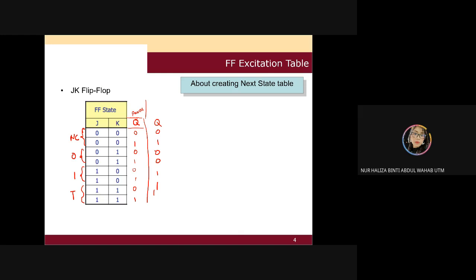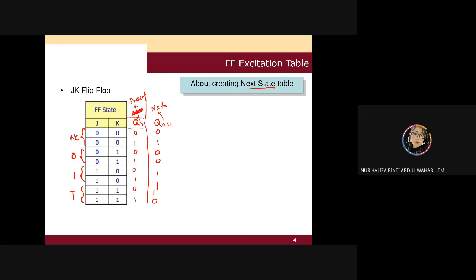Now, the name is going to change to next state. Here is our next state table, and our previous we now call present. The symbol will be QN plus 1. This is the next state, this is the present state.